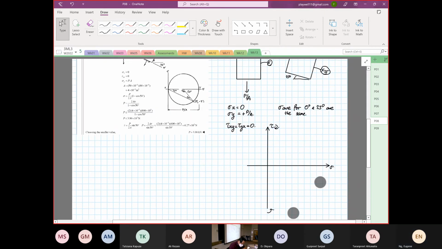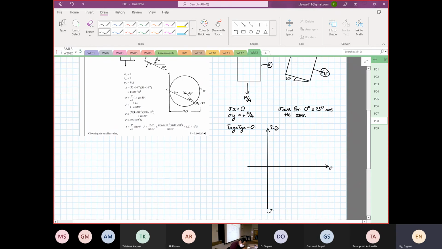Okay. So we know that point X is over here. Everything is equal to 0. Normal stress equal to 0, shear stress equal to 0. Then over here, this is our point Y. Now at point Y, we only know this is P over A.